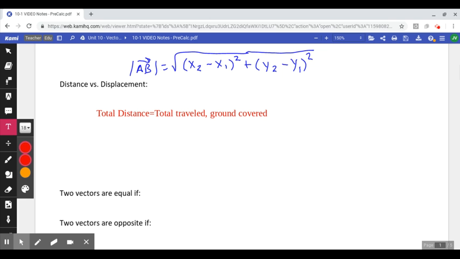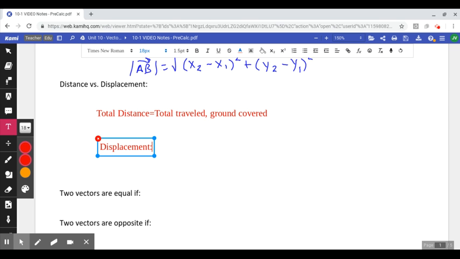So let's talk about displacement now. Displacement can be understood a few different ways. You could say it's how far out of place from the initial position the particular item is. You could say change in position.